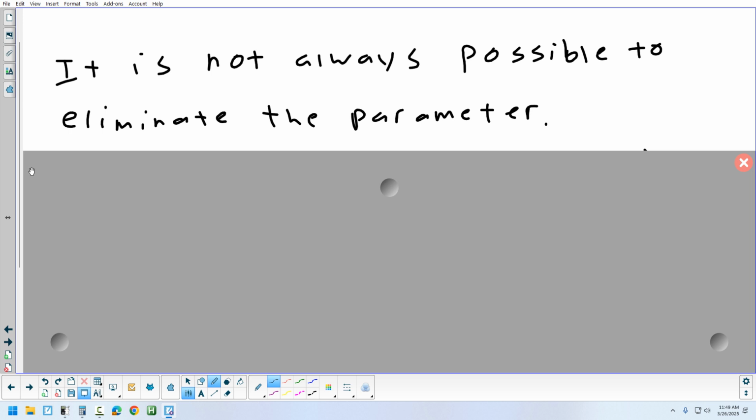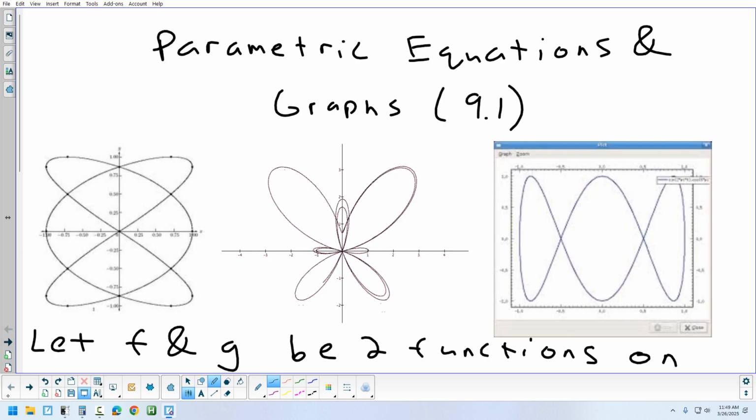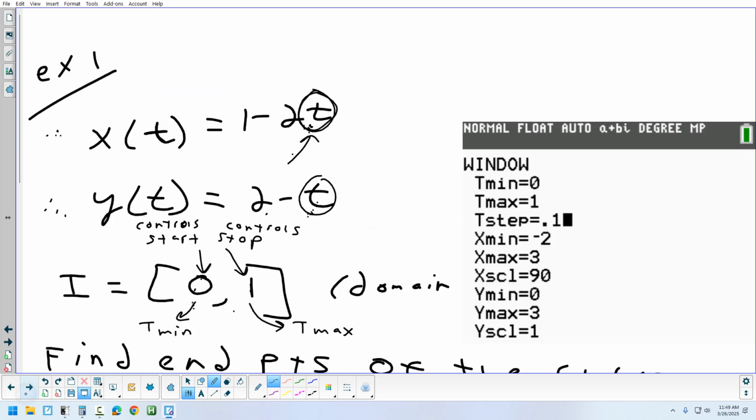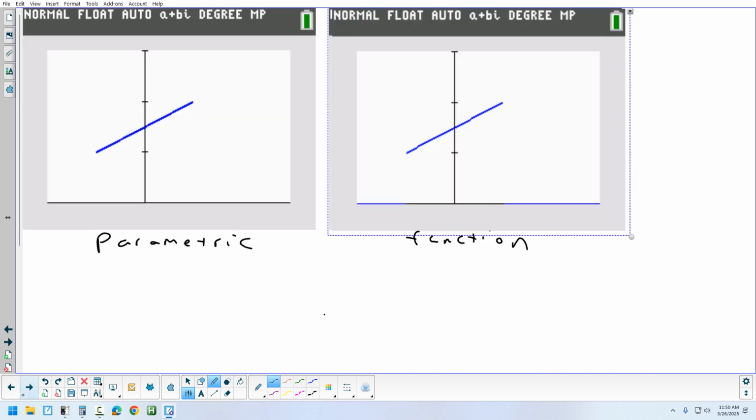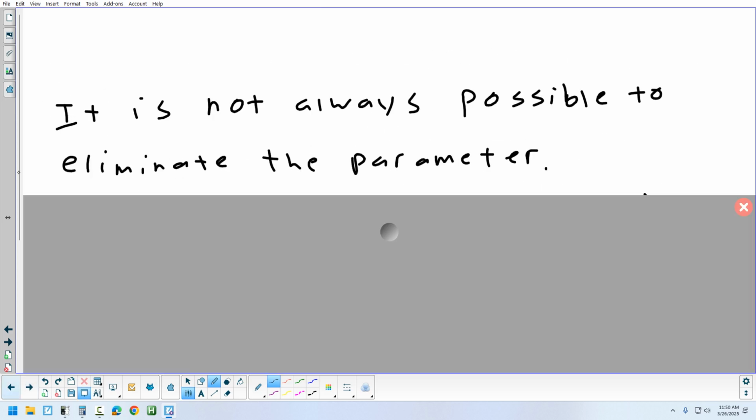If it could, then you could draw anything parametrically and just use a function. But that's not true. You cannot draw some of these graphs using the kind of mode we were used to using before. They can't be done. So it is not always possible to convert from parametric to function. But in these last two, it was.